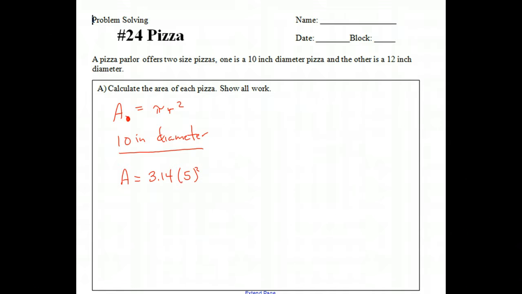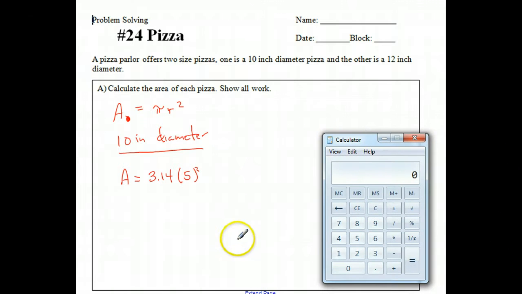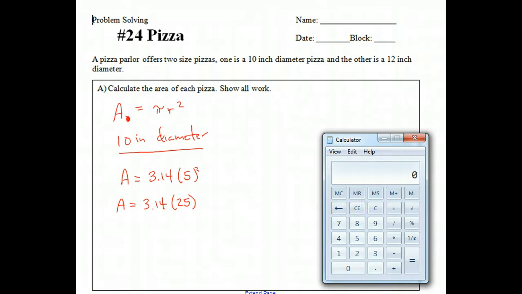I'm not going to actually sit here and do 5 times 3.14. I'm going to pick up my calculator. The area is going to be 3.14 times 5 squared. That I can do mental math. That's going to give me 25.